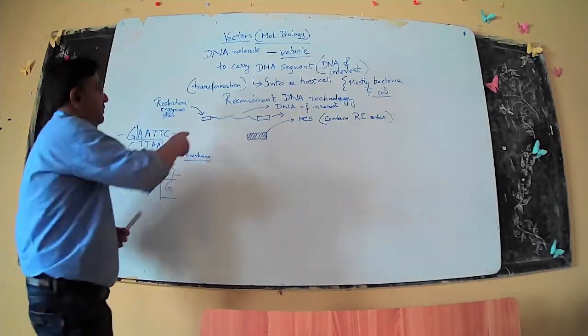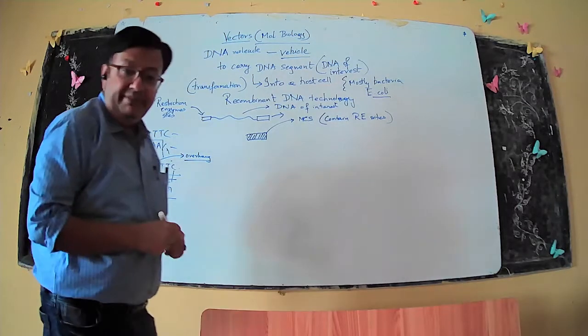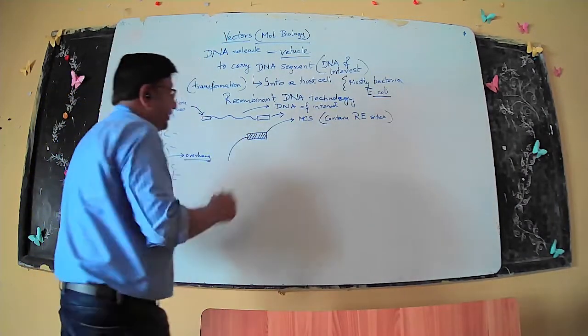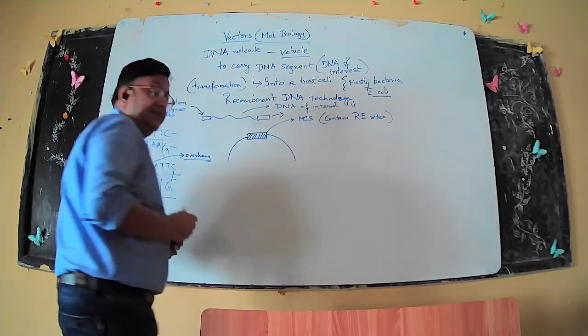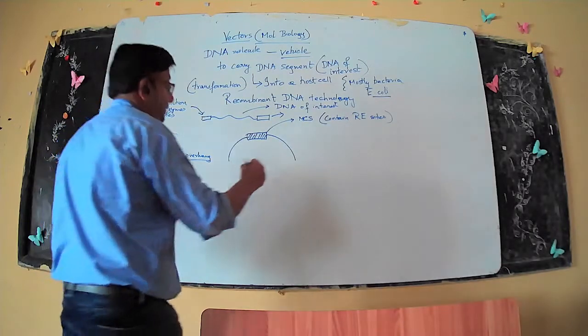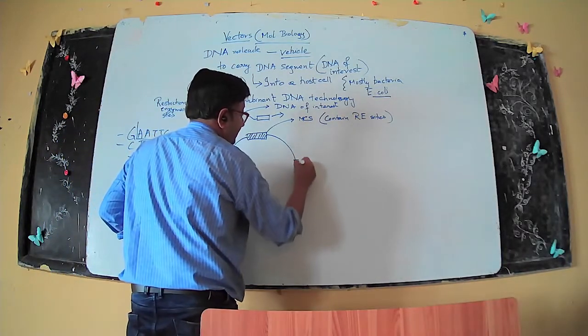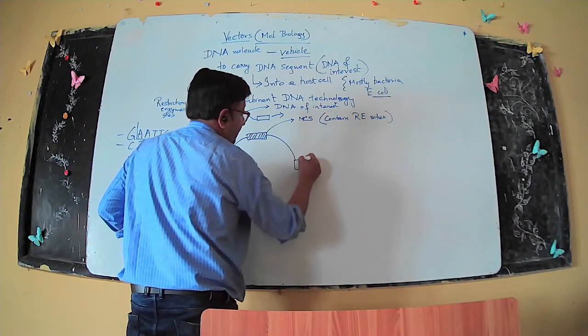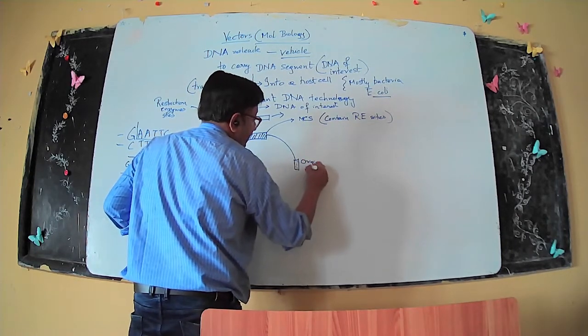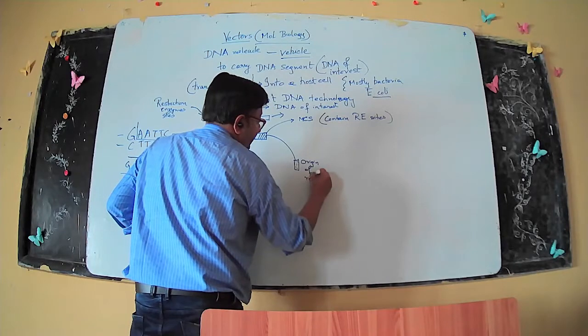This vector also needs to have a sequence known as the origin of replication.